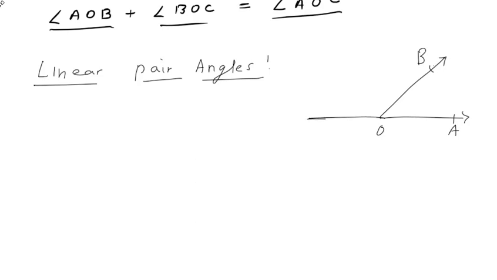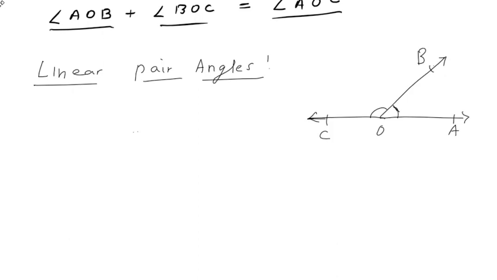So this angle BOC, say here point C is there. So angle AOB and angle BOC, if you see, these two angles are also adjacent angles, but here a special thing is happening. What special thing is happening?